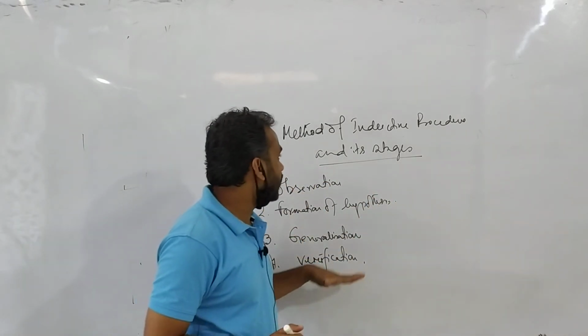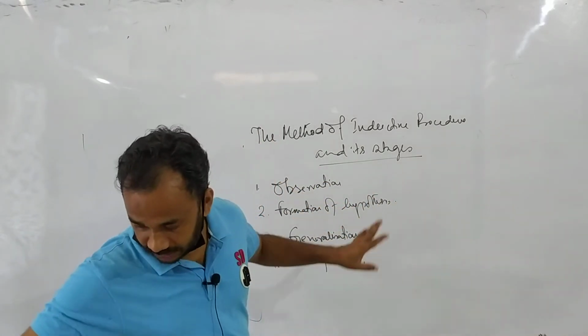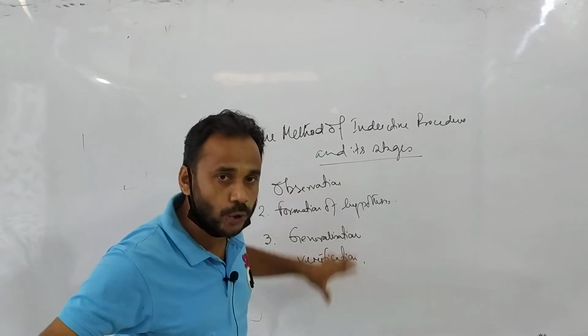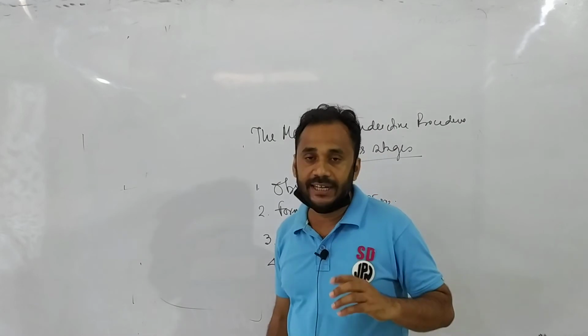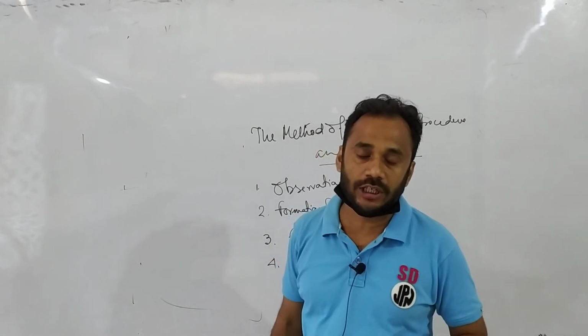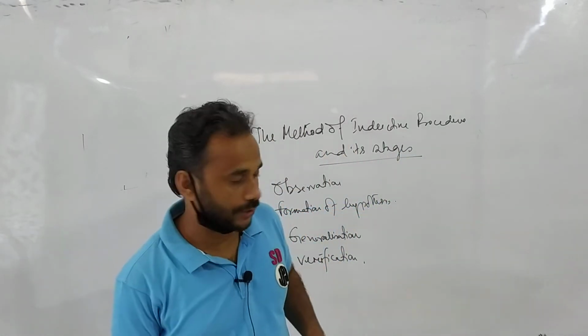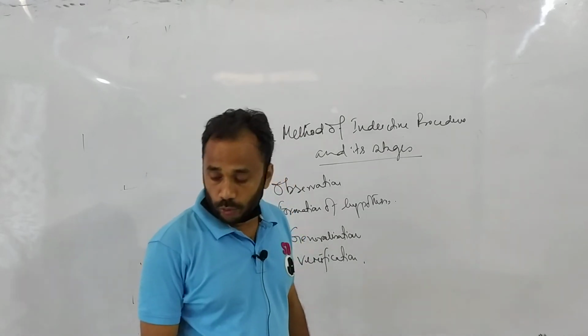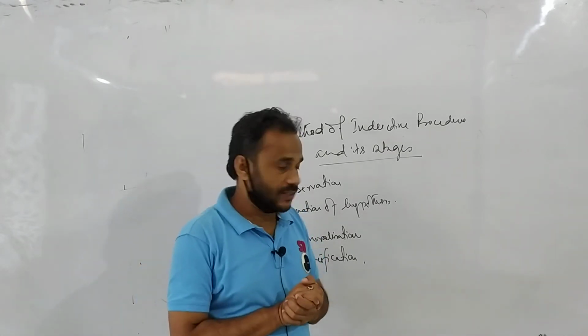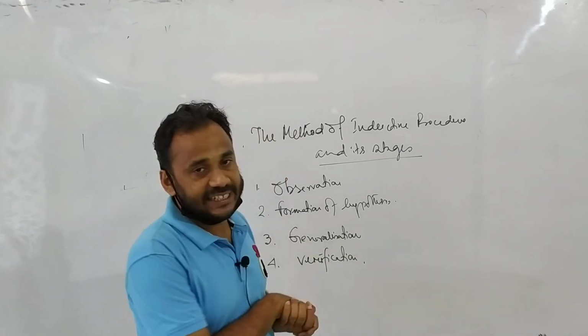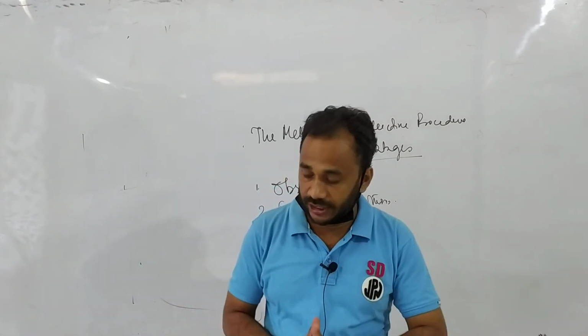So these are the four stages which include the well defined method of induction or the procedure of induction. So one by one we will discuss. So first point is observation.